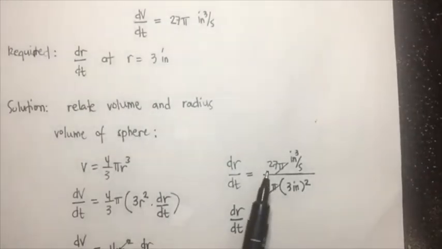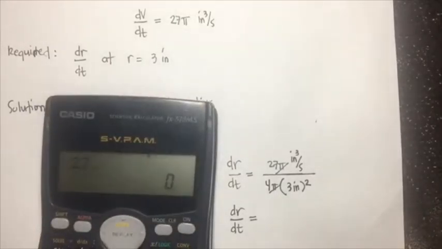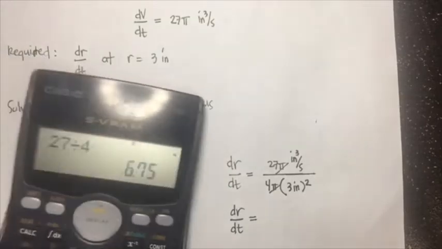We can cancel out pi, and then 27 divided by 4 is 6.75.